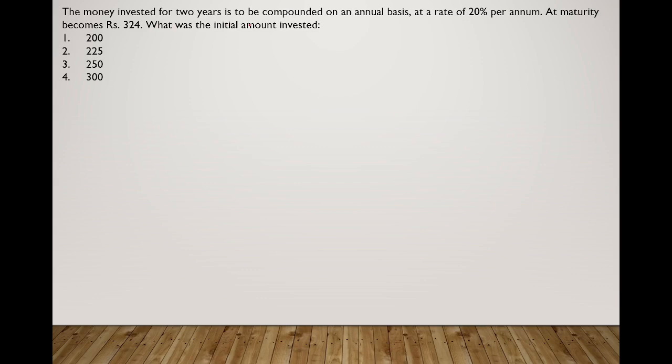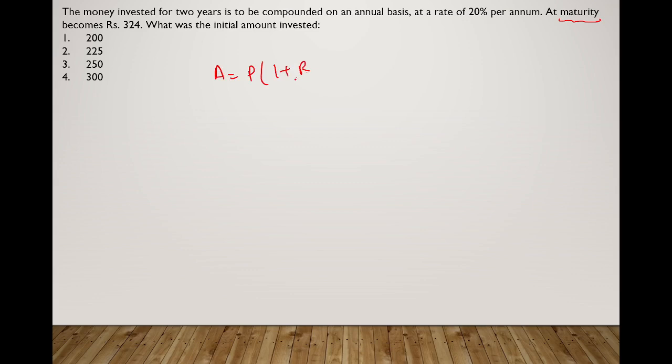What is the initial amount invested? It means here it is asked what is the principal, because maturity means the amount is fulfilled. The money you gave is ready now, so you can withdraw it. It has matured, it is done, because you had invested for 2 years. So this is the value of the amount.